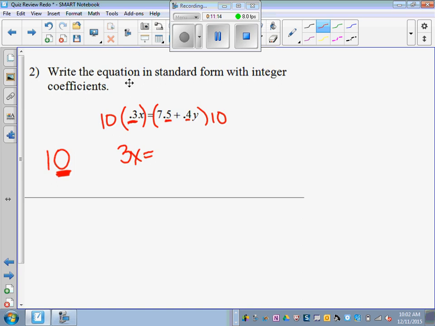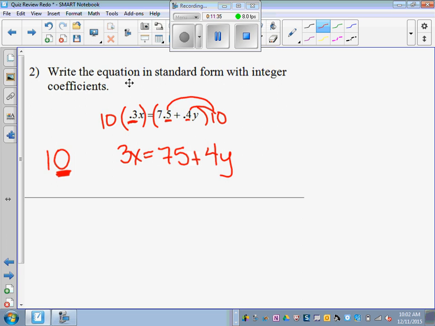Good. Then we have to distribute my 10 again. 10 times 7.5 is 75. Very good. And 10 times 0.4 is 4. Notice we've taken care of all of our decimals.